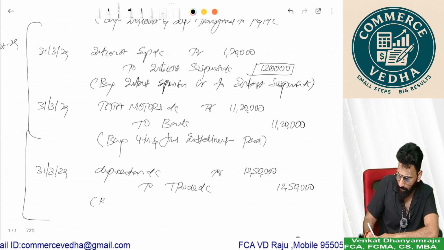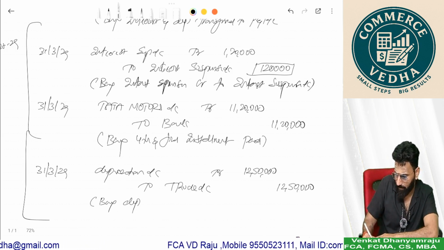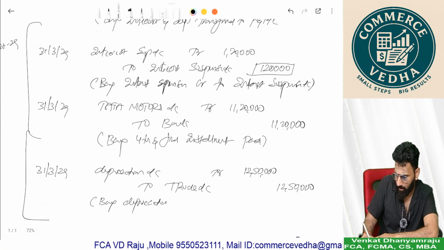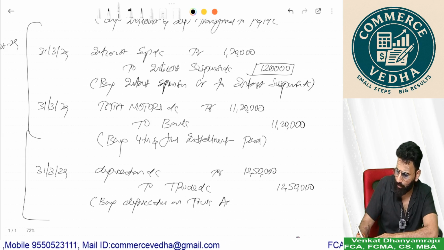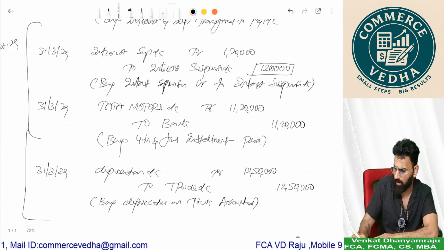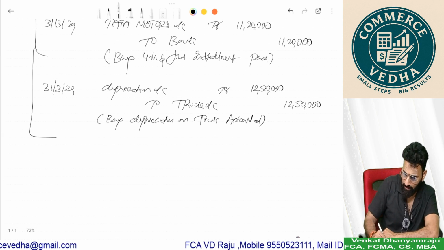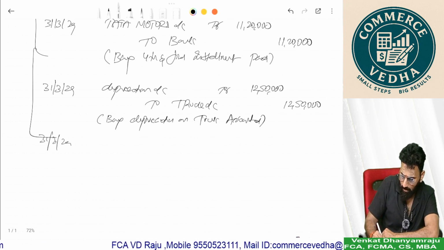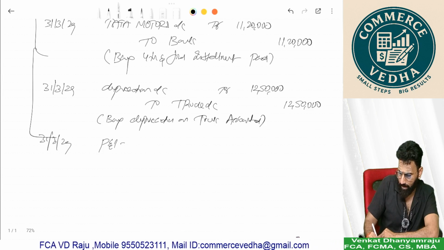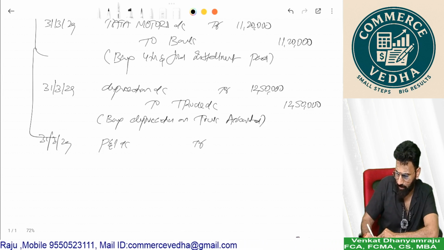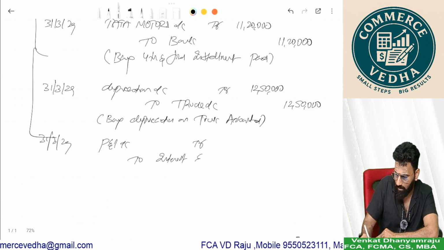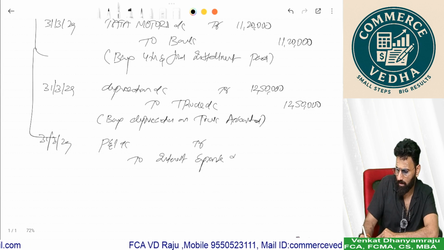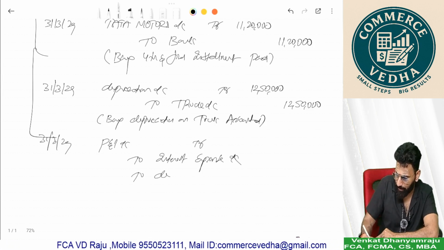So being depreciation on truck accounted, and finally profit and loss account debit to interest expense and to depreciation.